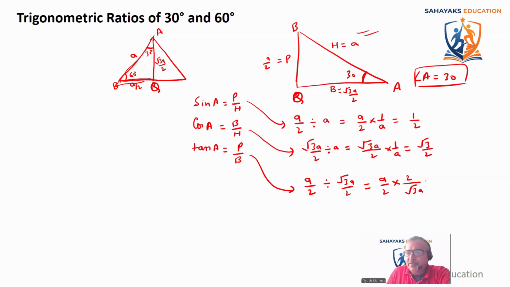So A and A will cancel out, 2 and 2 will cancel out. It becomes 1 by root 3. Now, in case we have to find the cosec, sec, and cot, these are the reverse, or you can say inverse, or reciprocal, of those values. So now we have found for 45, 30, and 60, all three.